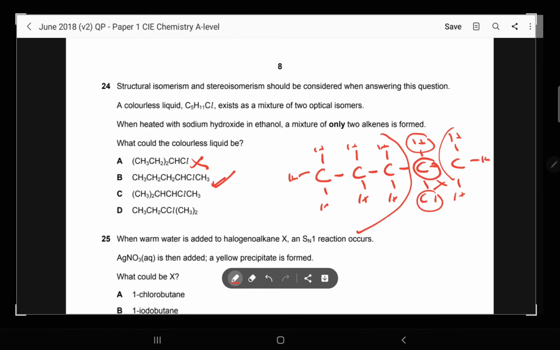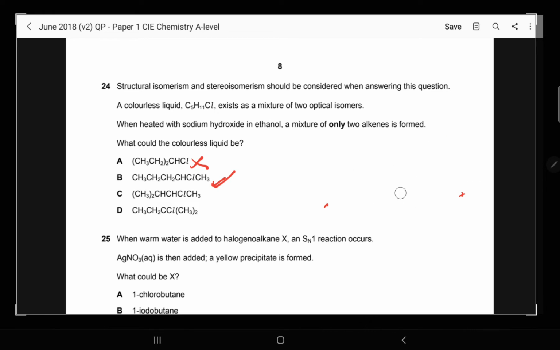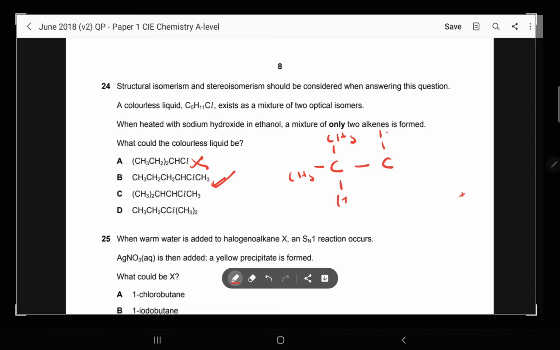So this satisfies our condition. And for C, there is carbon, CH3, CH3, hydrogen, carbon, hydrogen, carbon, hydrogen, chlorine, carbon, hydrogen, hydrogen, hydrogen.